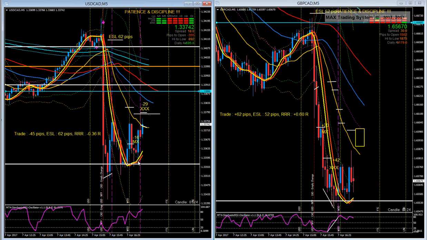Okay? But only if this bar was a valid entry setup to go long.